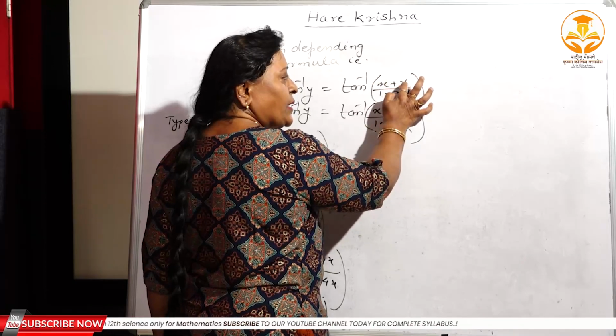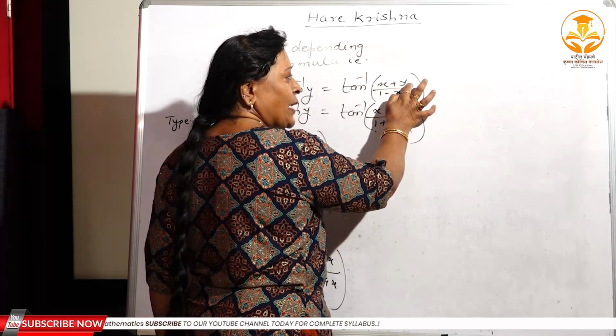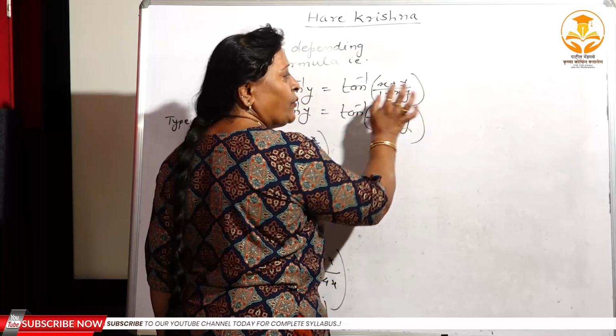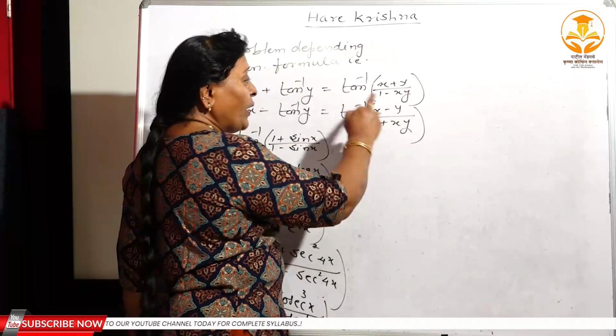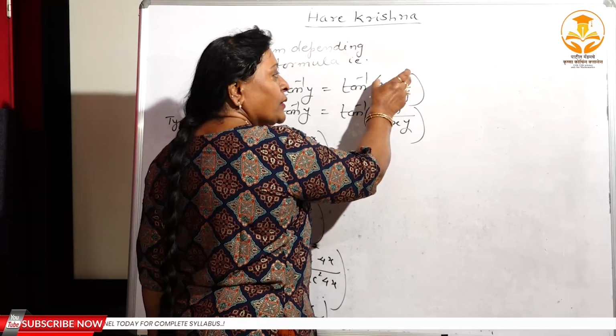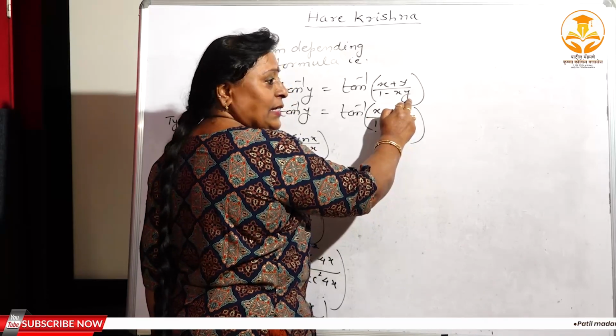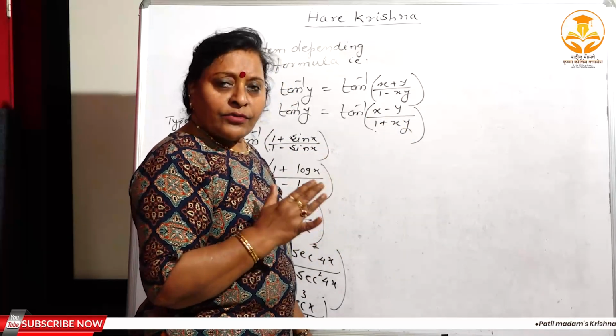Suppose 2x plus 3x, then here we want 6x square; 4x plus 3x, then here you want 7x square. So the formula is: 1 should be strictly there, and whatever the terms added, the multiplication of these 2 terms should be in the denominator here, isn't it? So what should we think?